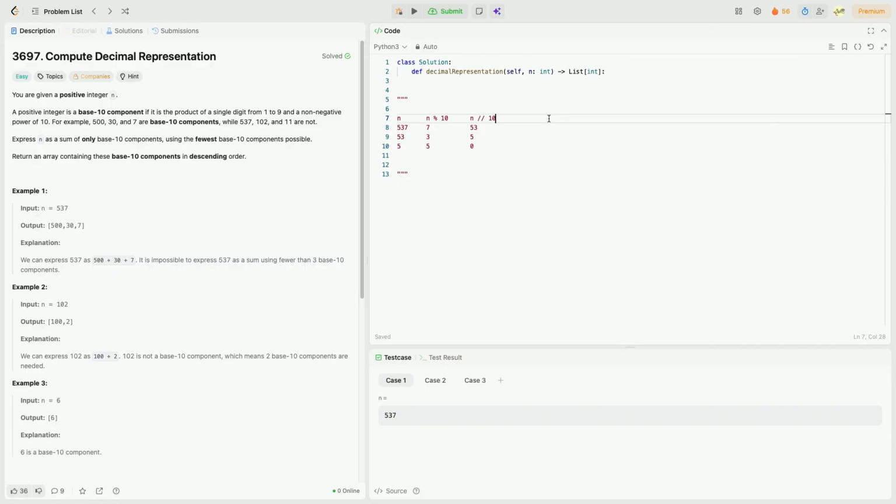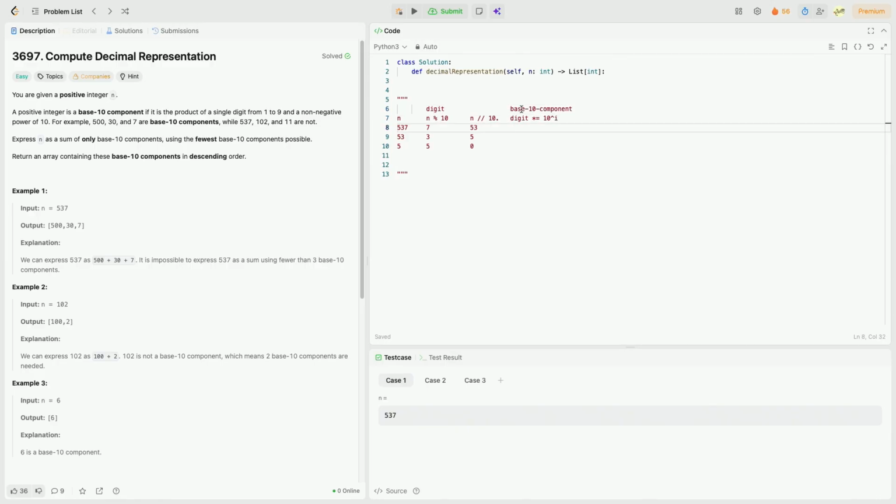So what if, at the same time, we called this our digit, and now what if we did digit times equals 10 raised to some power i, right? Well, if we took the 7 and raised that, to turn it into a component, right? That's what we want to have. Base 10 component.